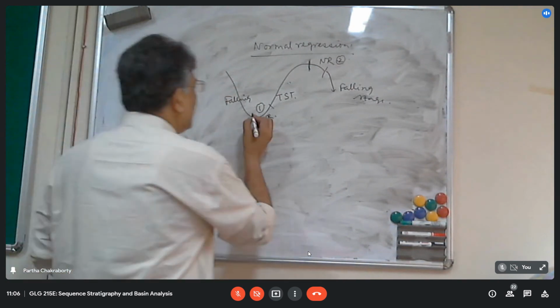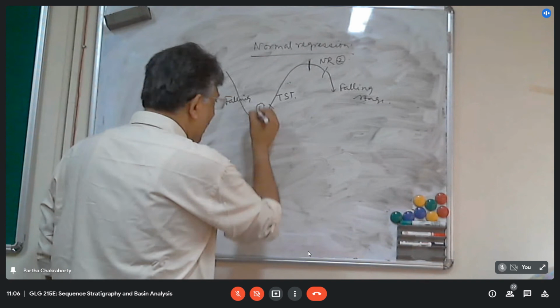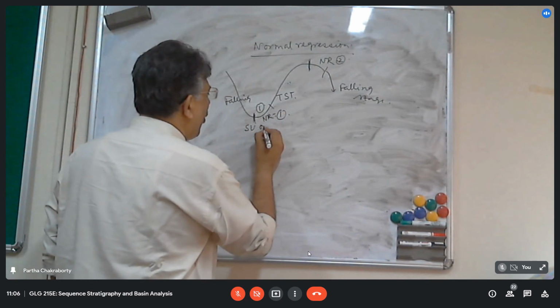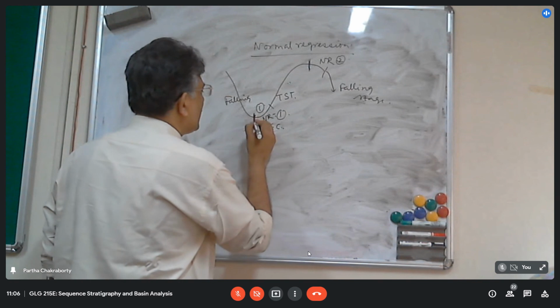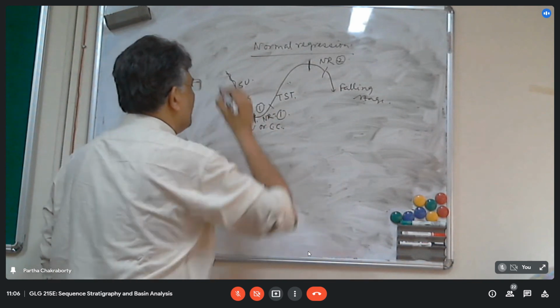So what will be the base of this normal regression? For normal regression one, the base will be subaerial unconformity or correlative conformity. So this surface is correlative conformity, and the entire this part is subaerial unconformity.